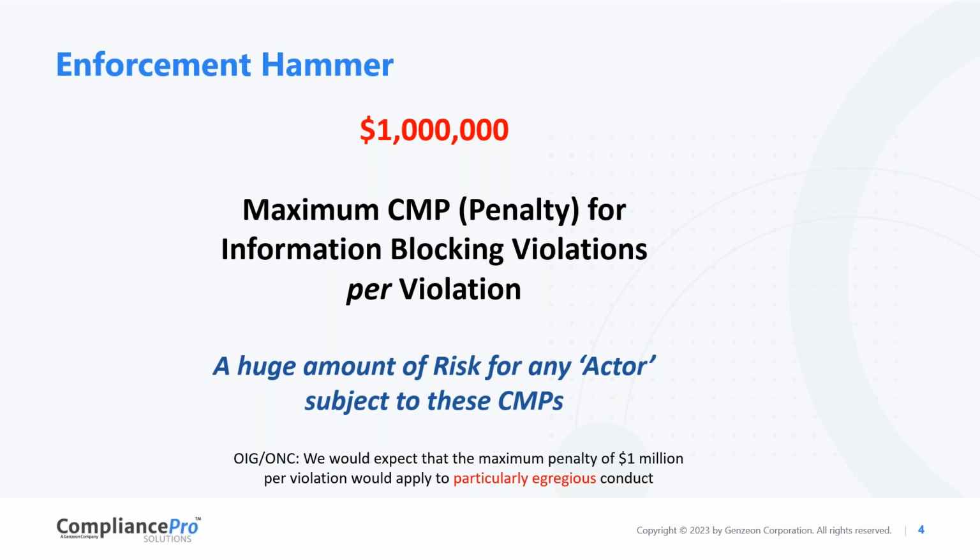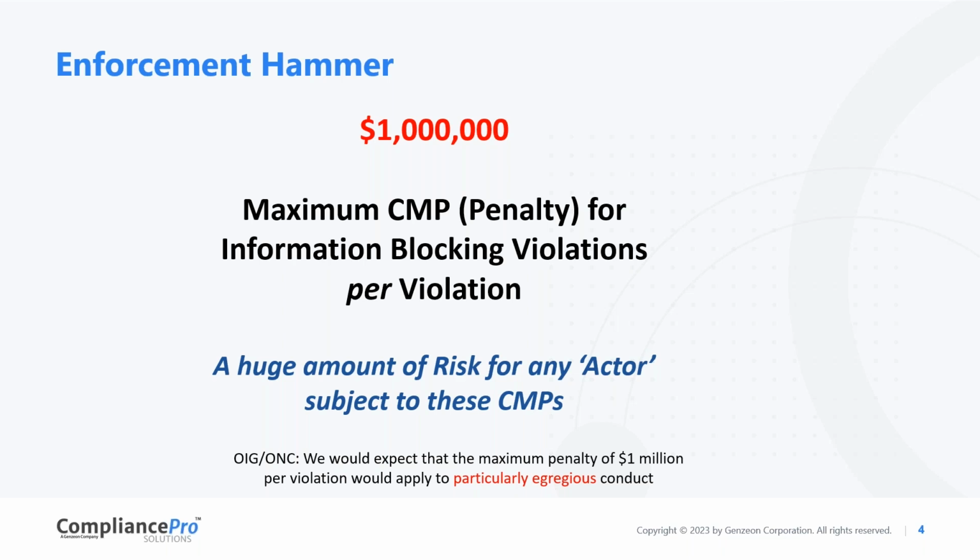And we're going to talk about it in the slides. But it is an attention getter, and that's for sure. So anytime you start having an enforcement hammer this big, and it's $1 million per violation, oh yeah, we can stack violations. So it could quickly become a multi-million-dollar enforcement issue. But that is, in fact, for particularly egregious conduct, and we'll talk about that.